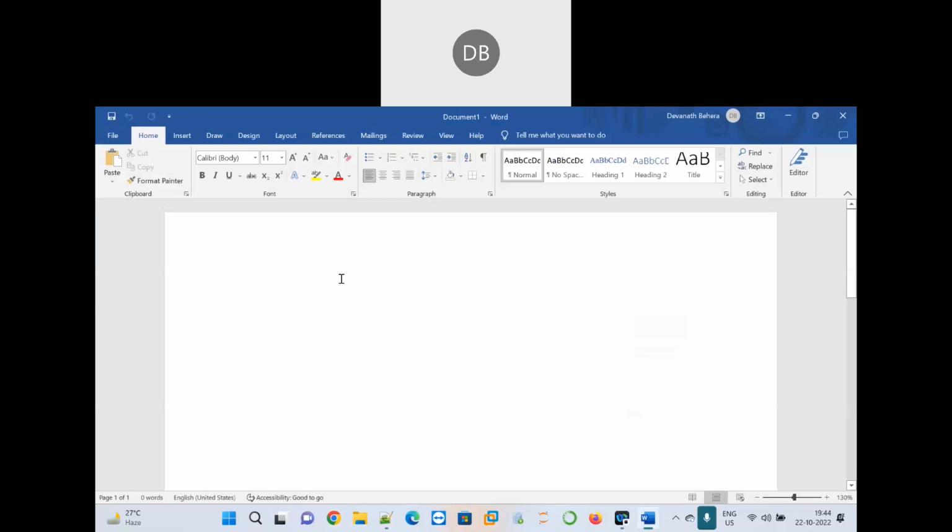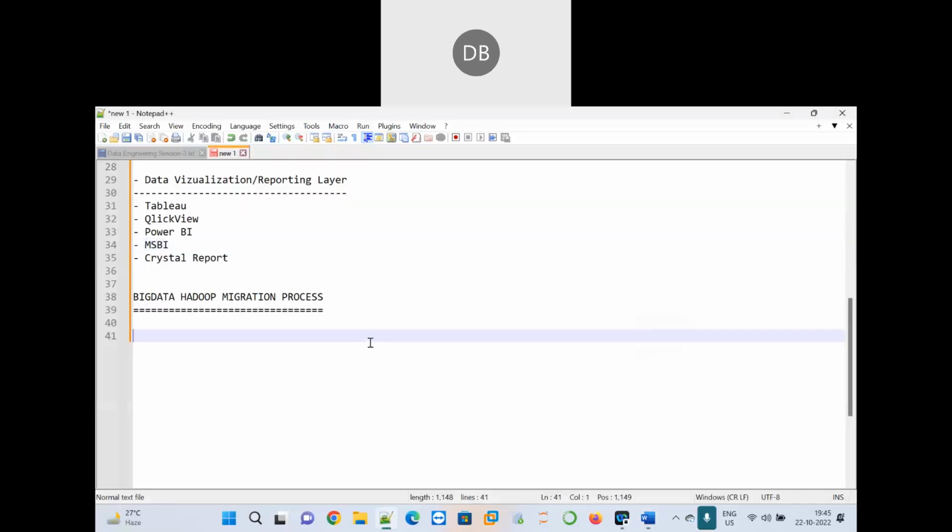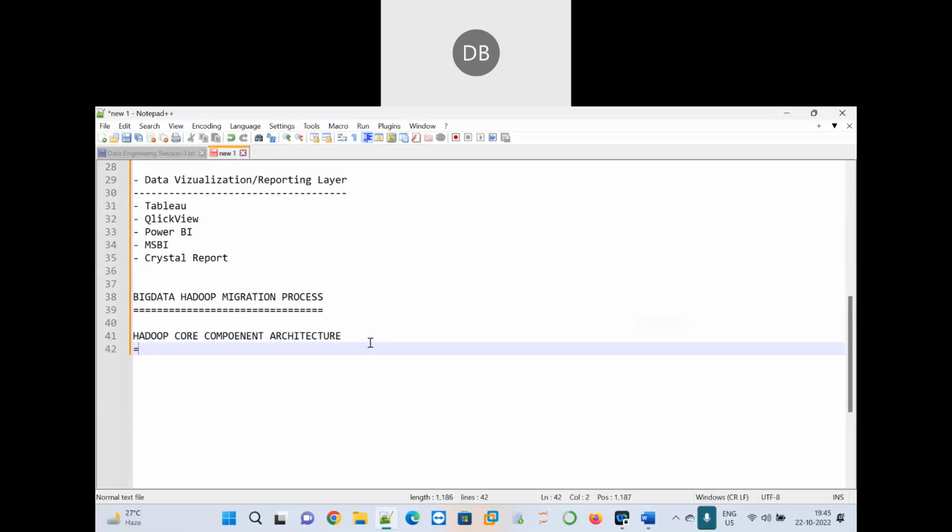So in a Hadoop framework, the next topic is our Hadoop core component architecture. Okay.